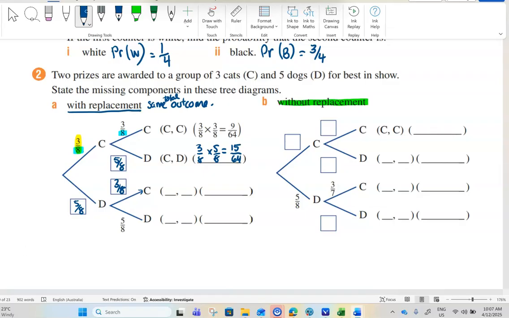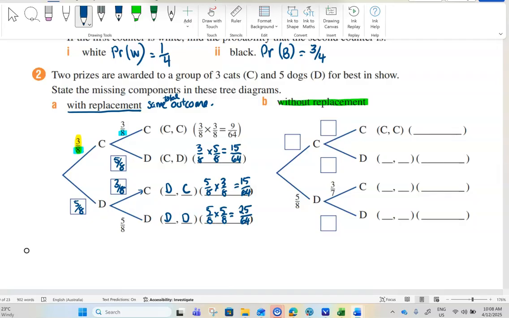This option would have been a dog first and then a cat. So it would be 5 on 8 times 3 on 8, which is still 15 on 64. And this one would have been a dog and a dog. So it would have been 5 on 8 times 5 on 8. So we end up with 25 over 64.